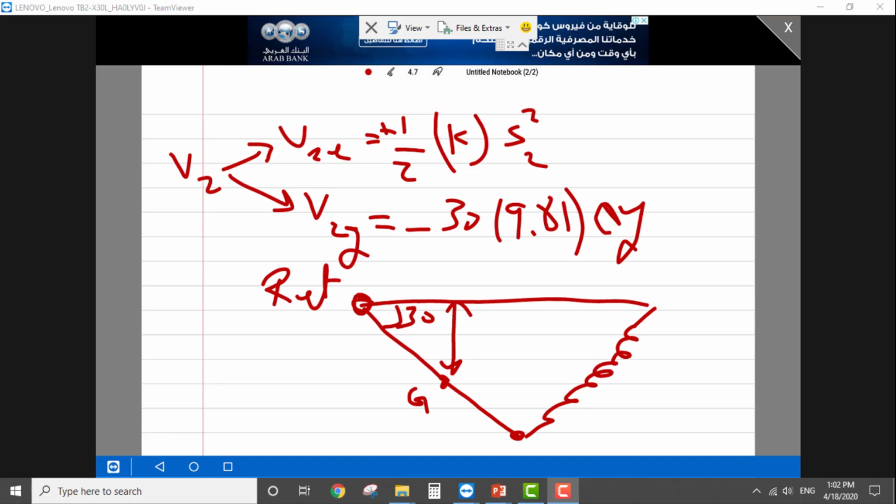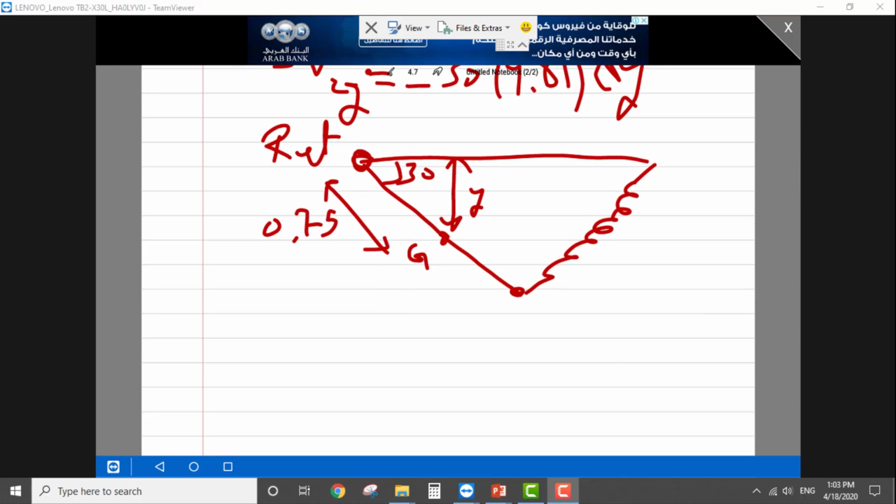The whole length of the rod is 1.5, so half of it is 0.75. I can easily figure out the distance y by using the sine rule. Sine 30 is equal to y divided by 0.75.